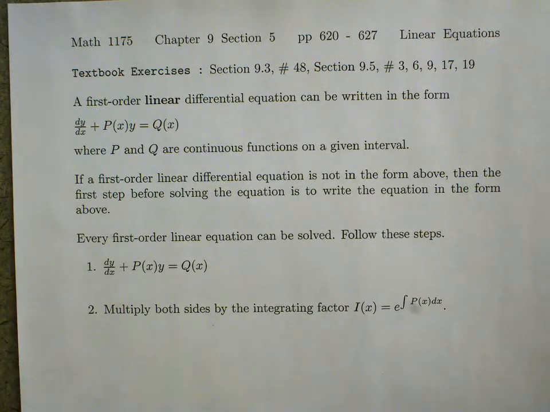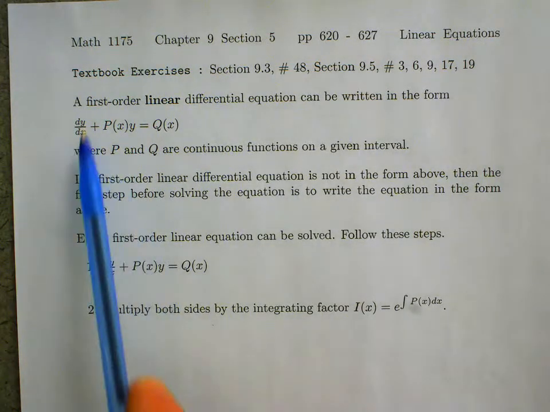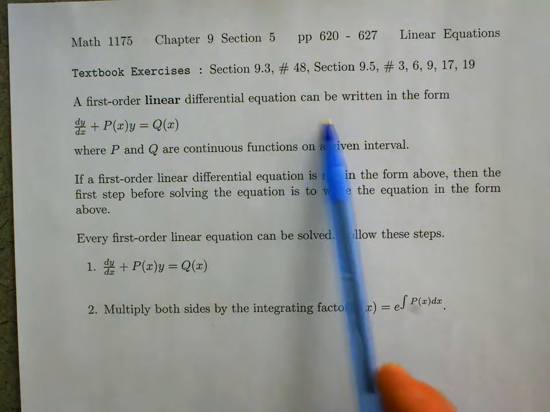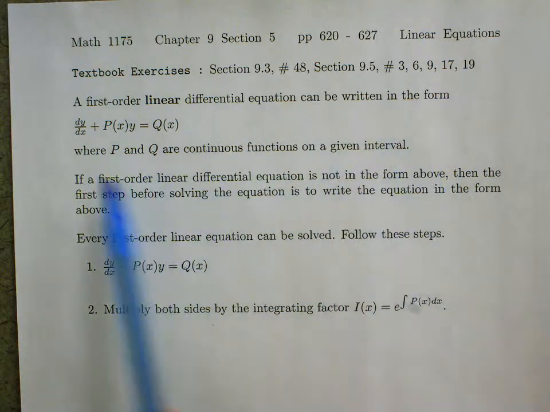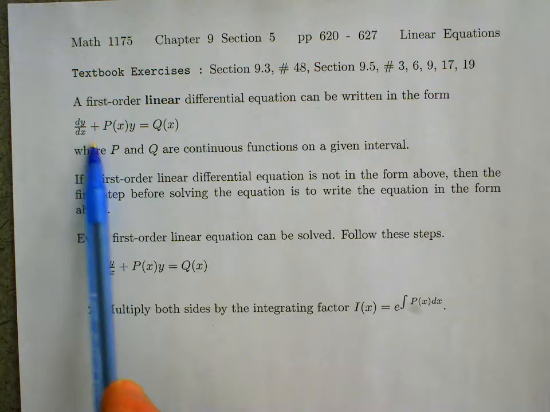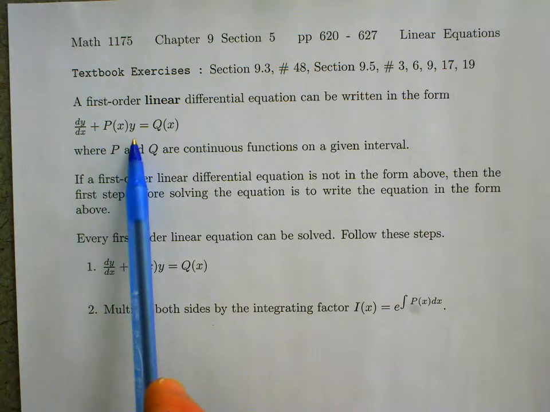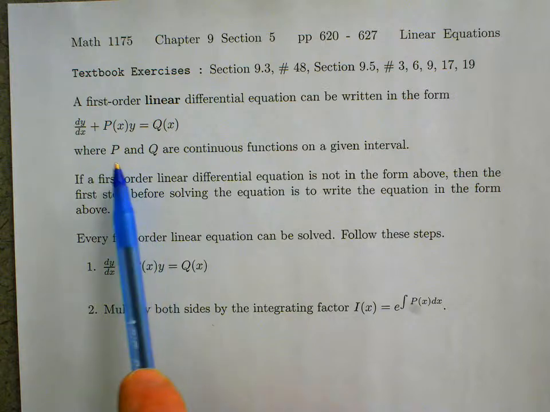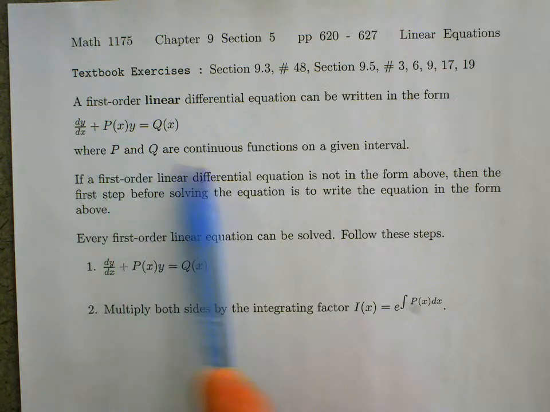We begin with a definition. A first-order linear differential equation can be written in the form dy dx plus p of x times y equals q of x, where capitals P and Q are continuous functions on a given interval.